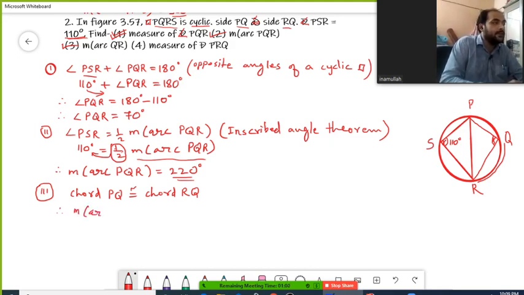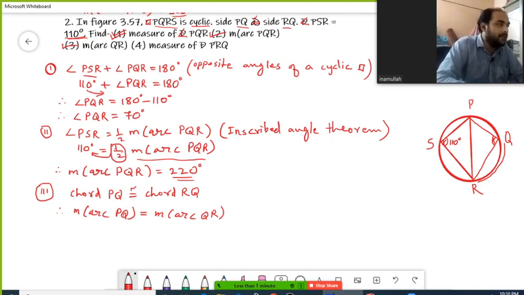major arc PQ is equal to major arc QR. If they are equal, each will be half of major arc PQR, and PQR we already calculated. Major arc PQR is actually 220 degrees.